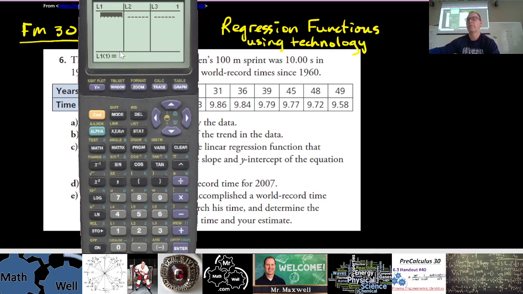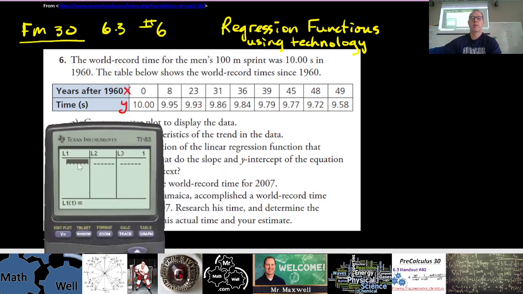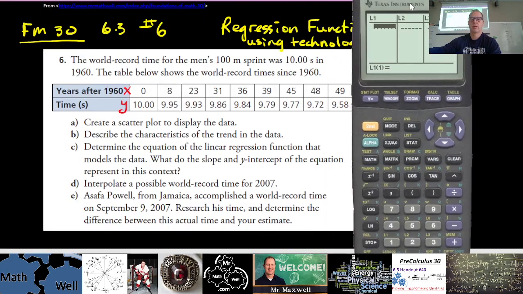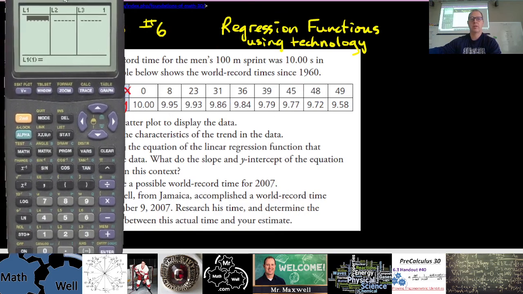Okay, get ready. I'm using list 1 and list 2. I'll have to keep that in mind for when I tell the calculator which list to draw from. What you're going to do is put your X values in for list 1. So I'm going to put in 0, 8, 23, 31, and so on into list 1. I'll put that over here, so hopefully you can see some of that.